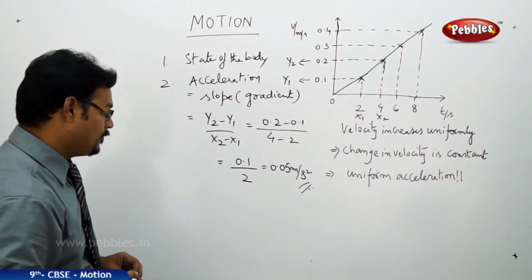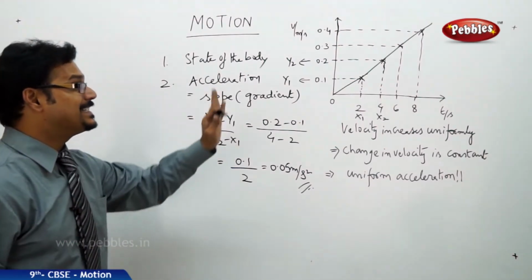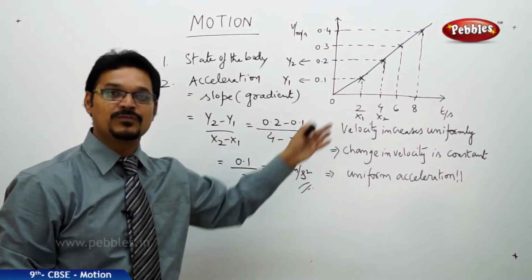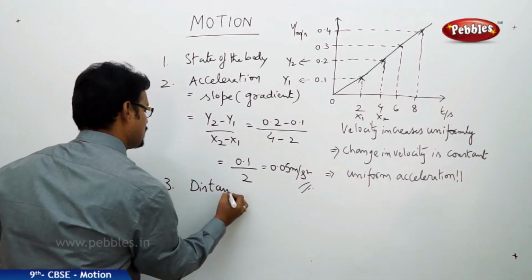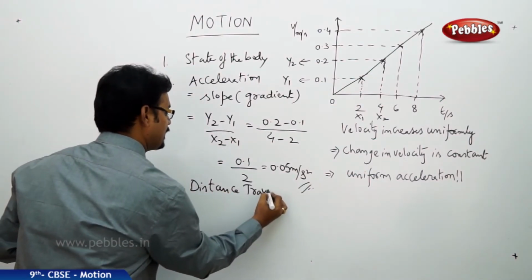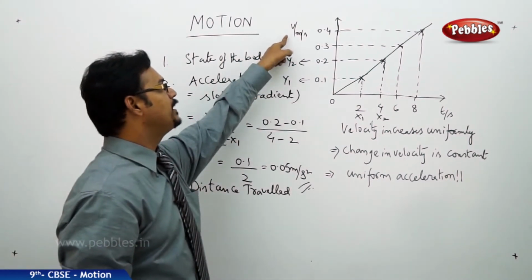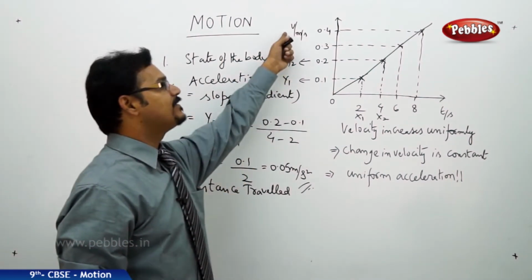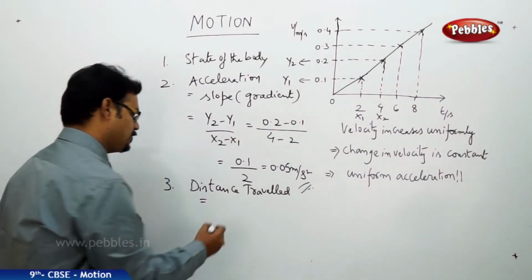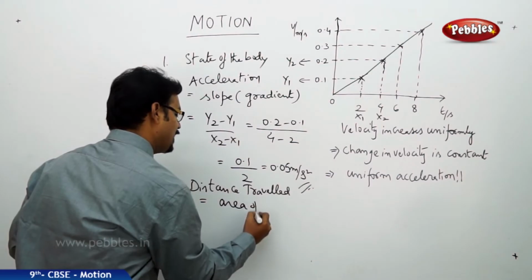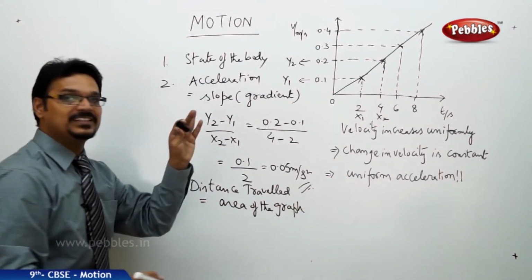Now we have one more advantage. We can find the distance traveled by this body using the VT graph. Distance traveled, or I can say displacement traveled. If V is speed, distance traveled. If V is velocity, displacement traveled. Anything. So how do you find it? This can be possible by area of the graph.